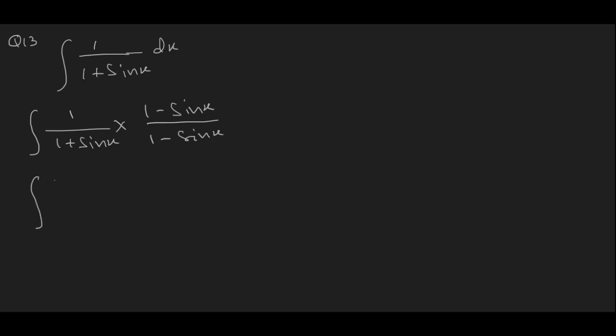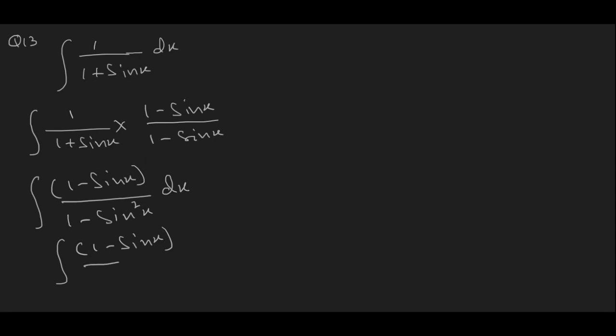So (1 minus sin x) divided by 1 minus sin square x dx. So integral 1 minus sin x over cos square x dx.